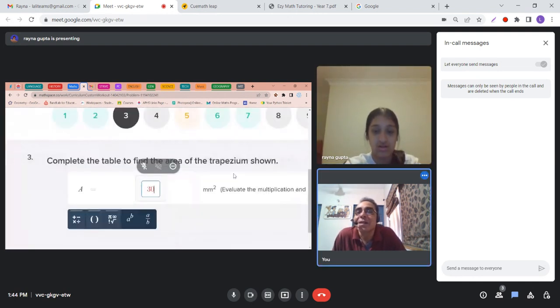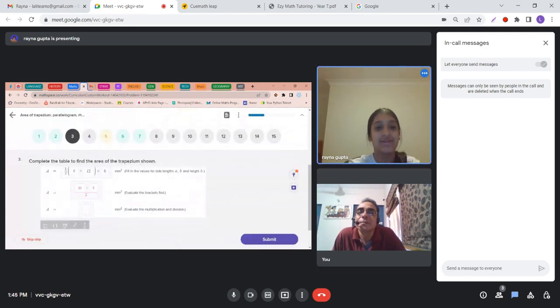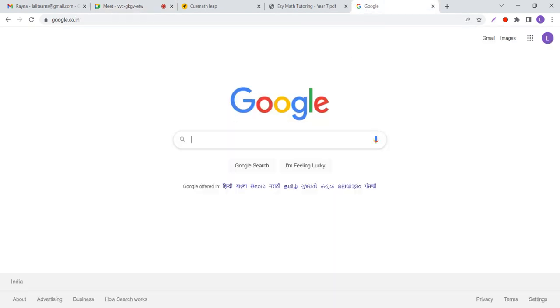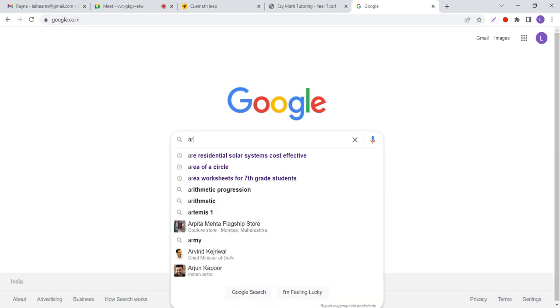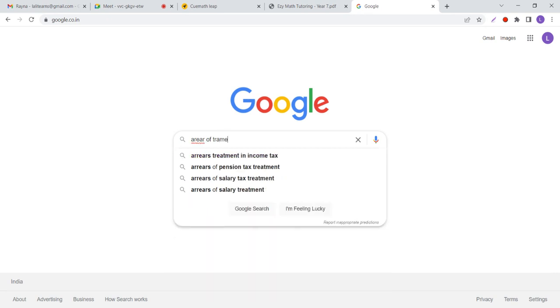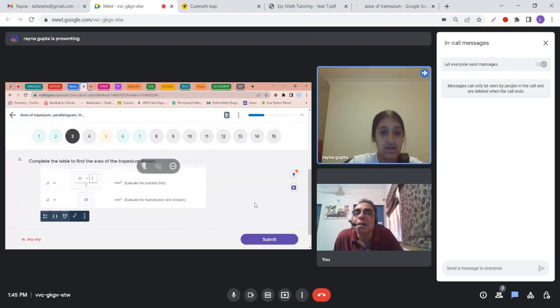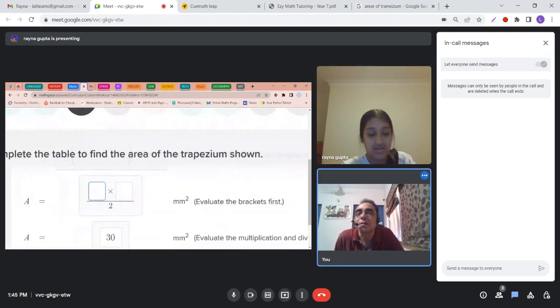Now what mistake are you making? 60 divided by 2 is 30. It says it's wrong. Where is this coming from? This is the wrong part. Which one? You need to zoom in because I cannot see it. 60. Yeah.